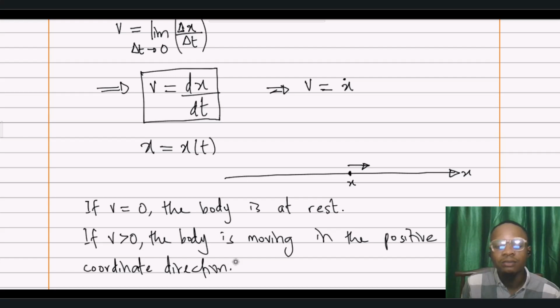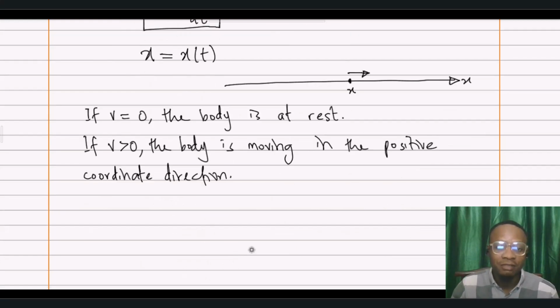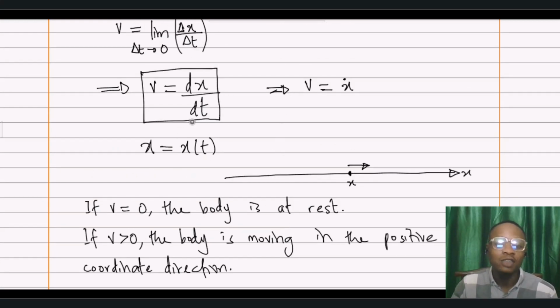So what happens if v is negative? That means the rate at which x, the position coordinate, changes is negative. If there's a negative change, there's a decrease. So if the x coordinate is decreasing, let's say it was initially 5 and later became 4, that is a decrease. Then it has to be that the body is moving in the negative coordinate direction.